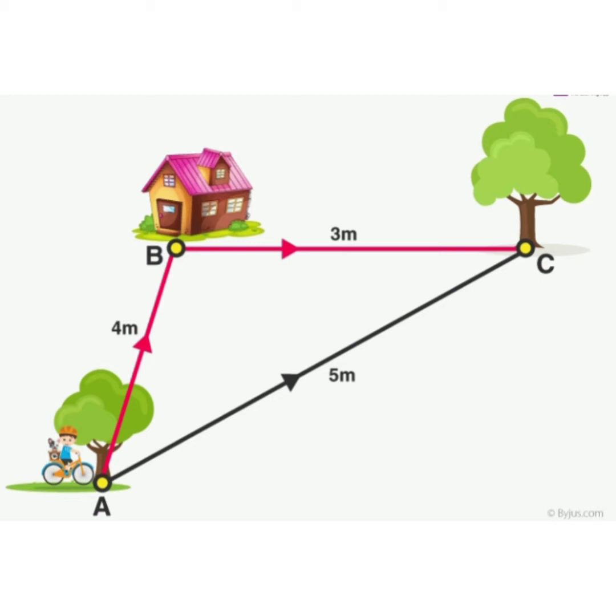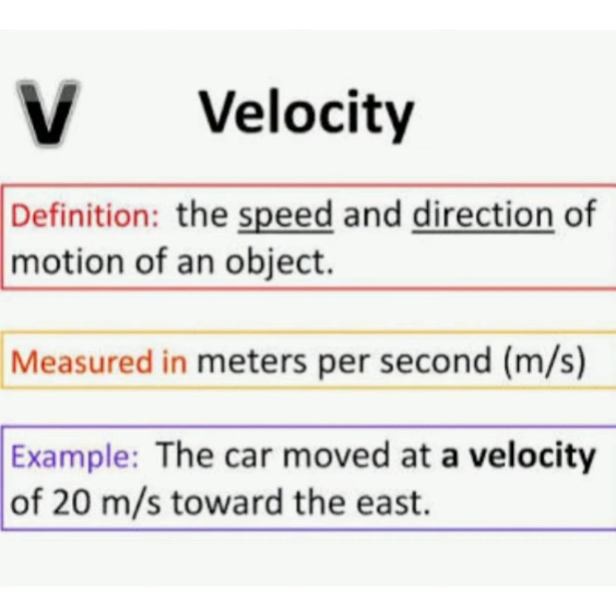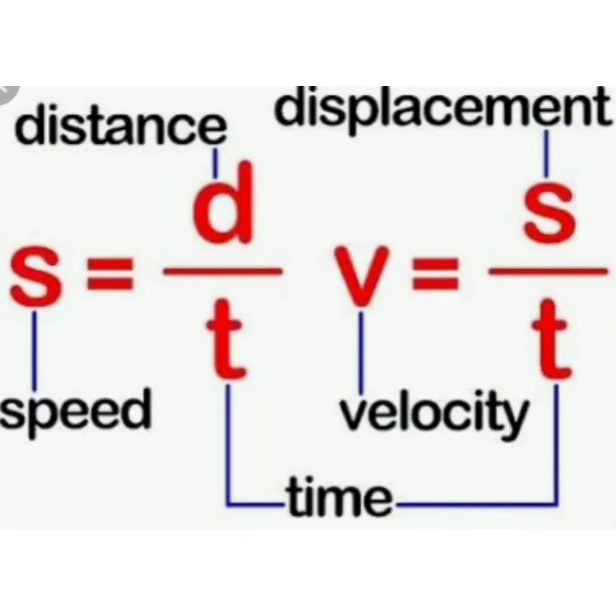Next one is velocity. The displacement of an object in unit time. The speed and direction of motion of an object. Speed is equal to distance divided by time.